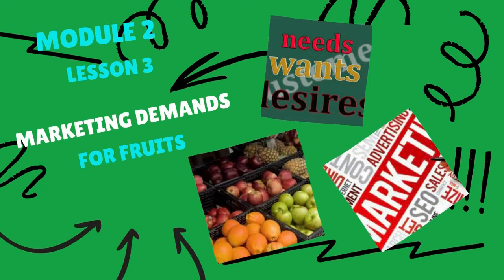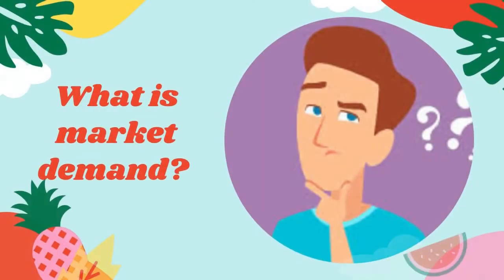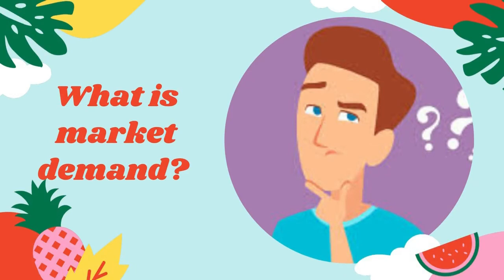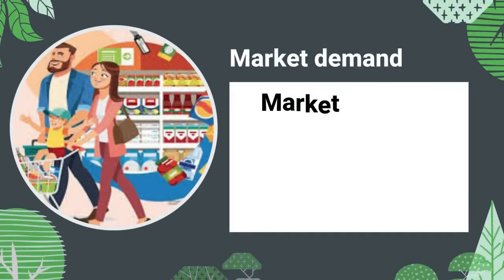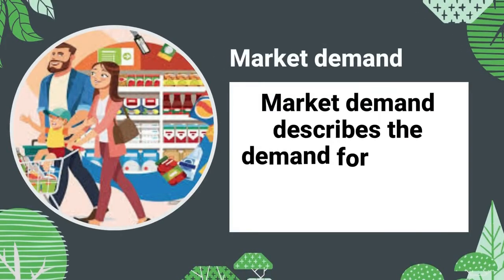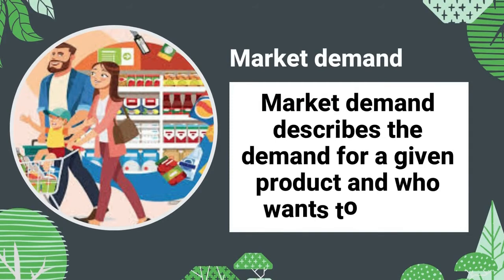Module 2, okay. In the same module, we have lesson 3, market demands for fruits. What is market demand? Market demand defines or describes the demand for a given product and who wants to buy it.